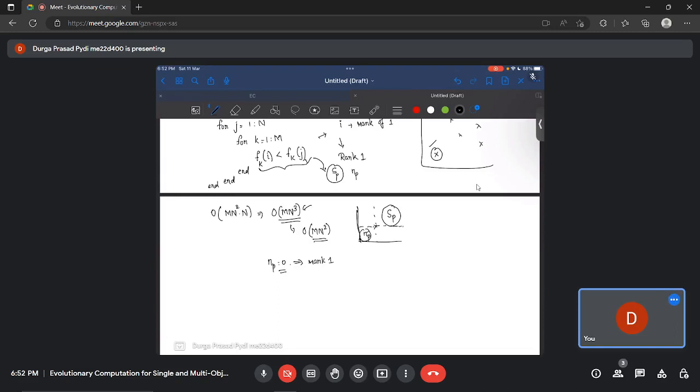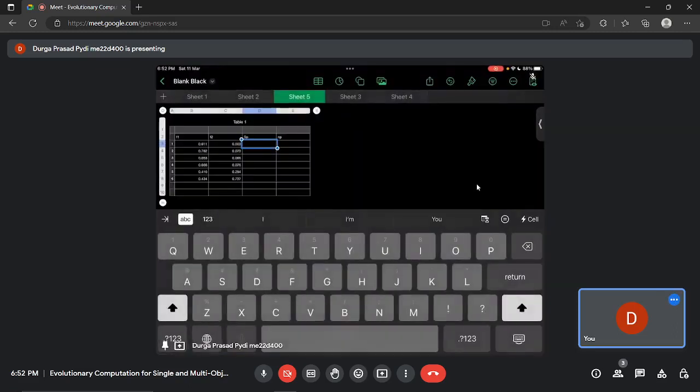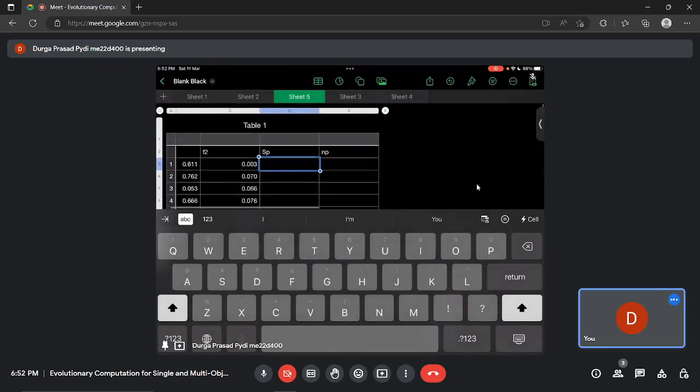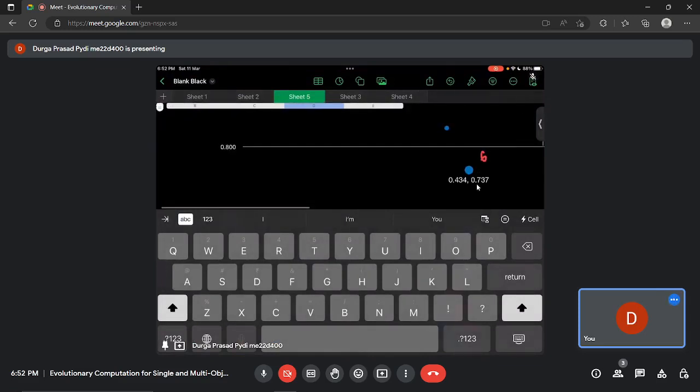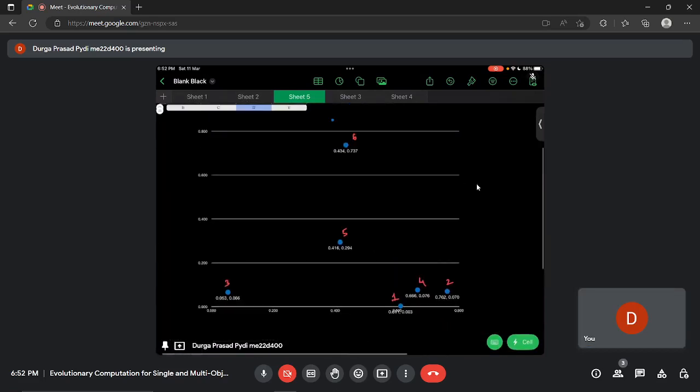Here SP for point 1 is... NP is basically the rank. These 2 points, 2 and 4, sorry. NP is just a counter. It just counts the number of points which are dominating the given point.